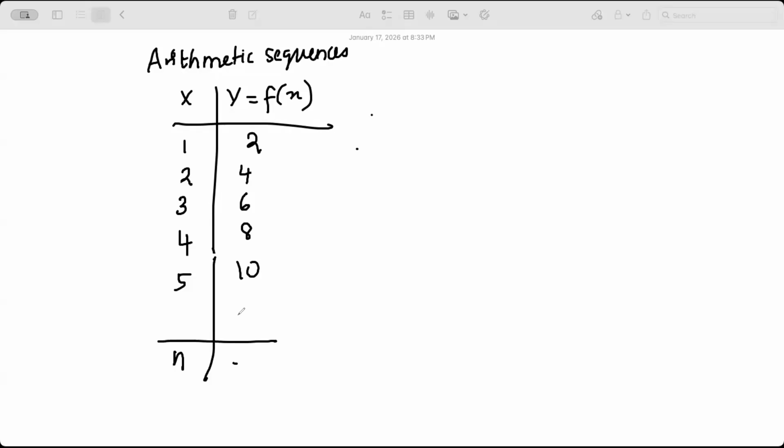Multiply by 2. Sure. No, plus 2. Okay, what I meant to ask was, how will you write my function f of n? Let's say I have my first term. From there, how am I to write the nth term?